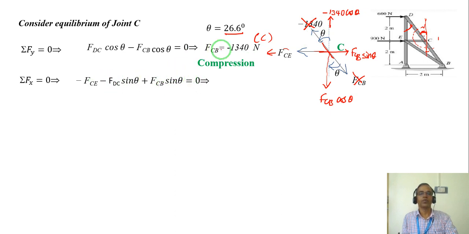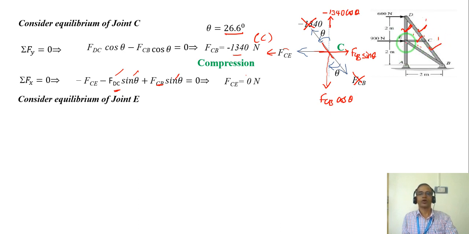So I know FCB, I know FCD, which is from before minus 1340. Substituting minus 1340 sin theta, known to me, FCB already found out. So I get FCE, which is 0. Right. So the compression or tension doesn't matter. No force is there. So now once I found this out, this is done, this is also done, this is done.